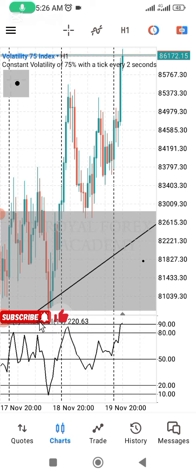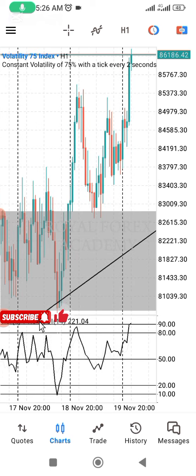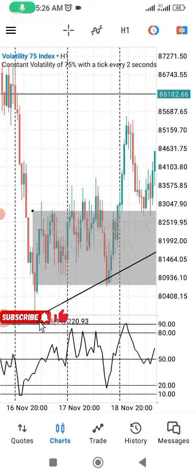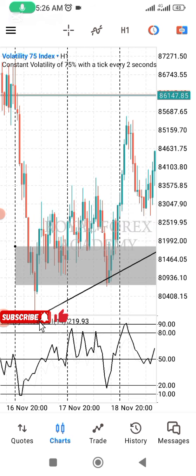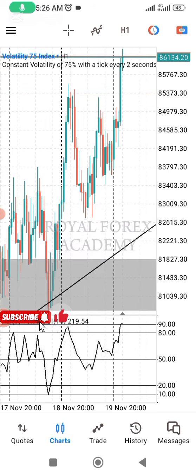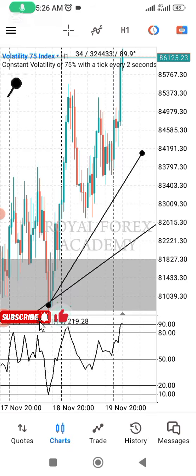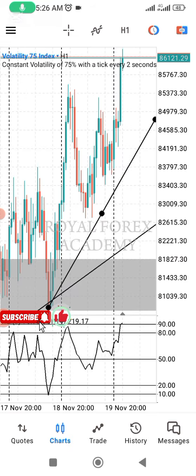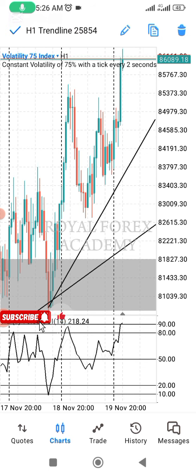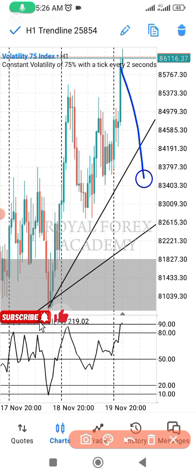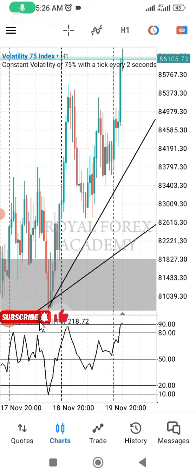Remember, what you are having here is your 4-hour trend line. So you can come to your H1 and draw another trend line. So this trend line is for our H1 time frame. However, even if price breaks out of this trend line and approaches the 4-hour trend line, we are still in an uptrend. So let's move to our 15-minute time frame where we'll be making our entries.